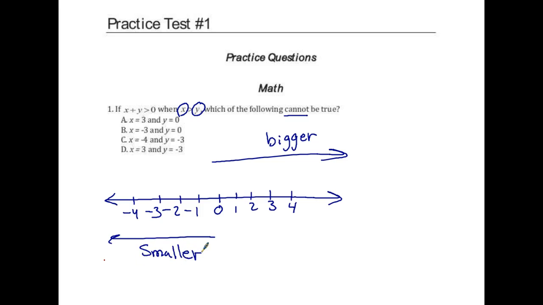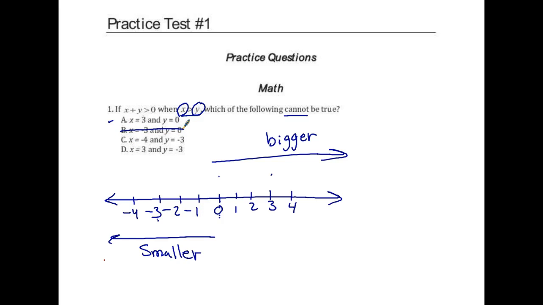So, for A, x is 3 and y is 0. So yes, x is greater than y, so we can think about A. For B, x is -3, y is 0, so x is smaller than y. And this inequality says x has to be greater than y, so B cannot be a choice.